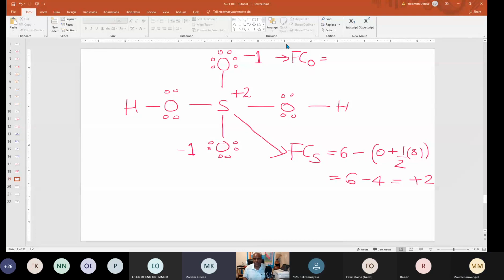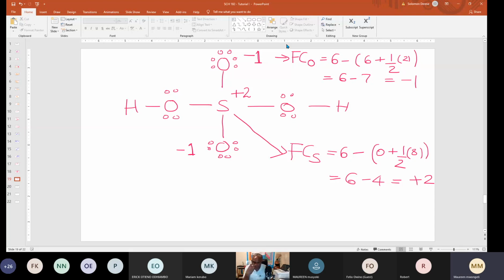On this oxygen, the number of valence electrons is 6, minus the number of non-bonding electrons, 1, 2, 3, 4, 5, 6, plus half the bonding electrons, which is 2. That is 6 minus 7, negative 1.